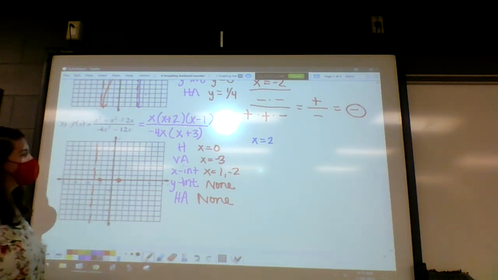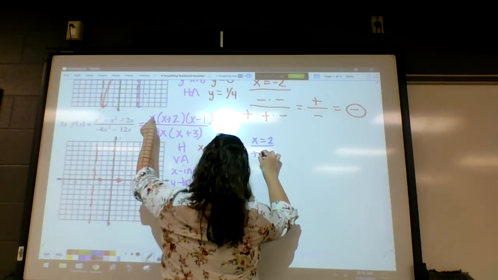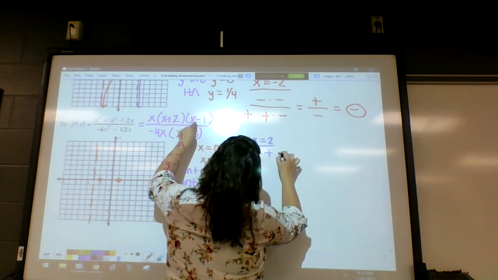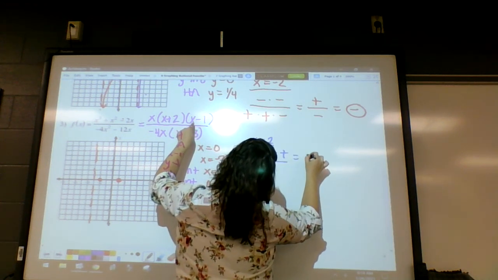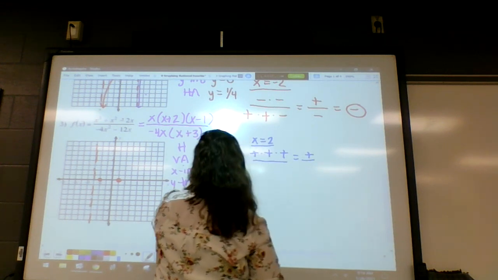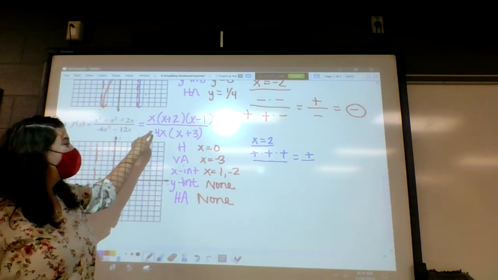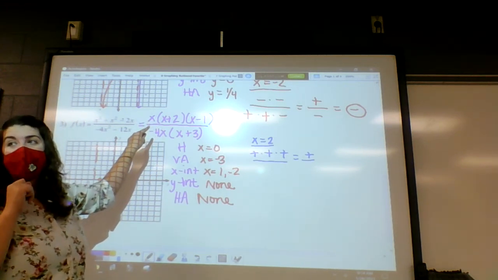All right, so testing 2. Plugging in here, 2 plus 2 is positive, 2 minus 1 is positive, so the top is positive. -4 times 2, that's a multiplication. So that one's going to be a negative.